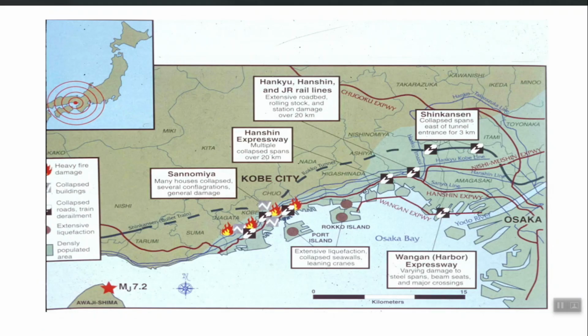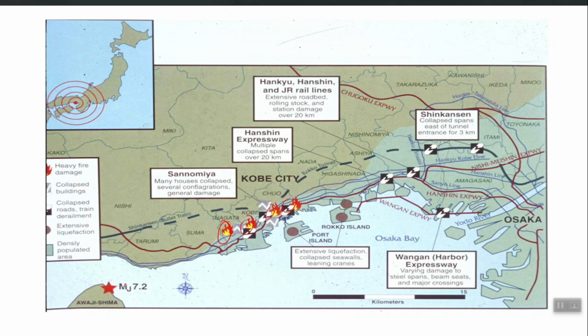Similarly, earthquakes can also trigger fires, right? There are earthquake-induced fires. There can be industrial structures or nuclear power plants, nuclear facilities, which if they are shaken, can trigger fires, right? So all these fire symbols are the locations where the Kobe earthquake triggered fires, and they are also lying on the fault line, right?